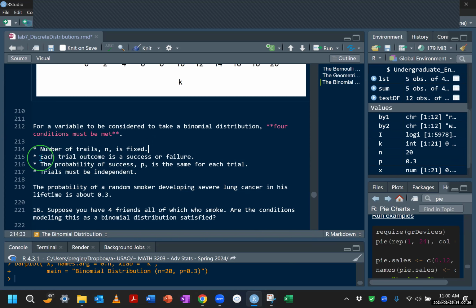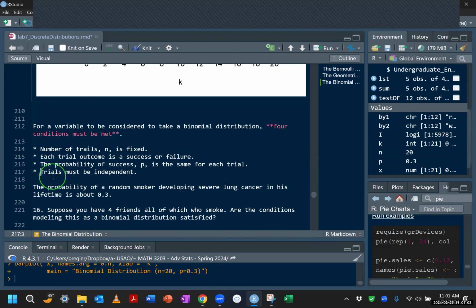And in each trial, the outcome is a success or a failure. And the probability of success must be the same for each trial. It shouldn't change from trial to trial. So that will happen if we're randomly sampling people from a big enough population. If we have a small population, this condition might not be met. And the trials must be independent.